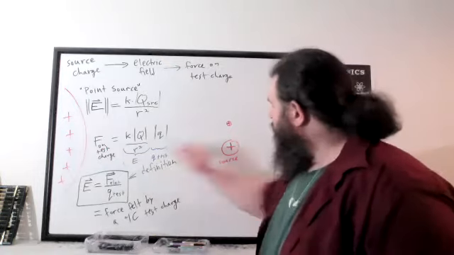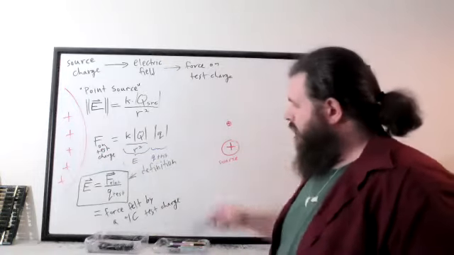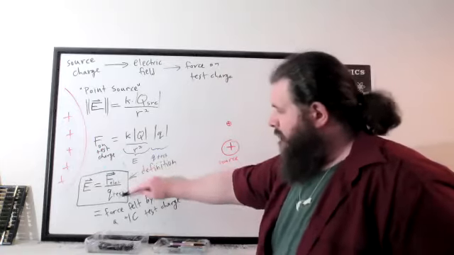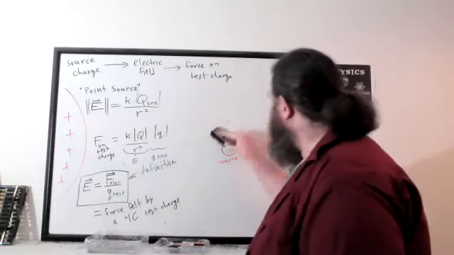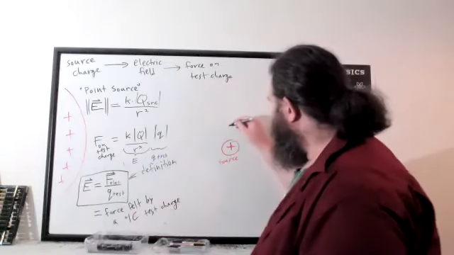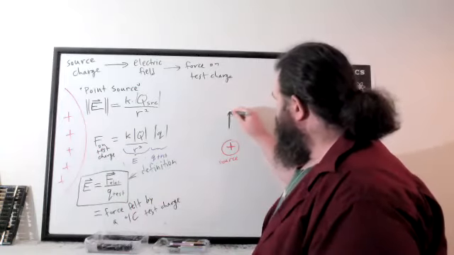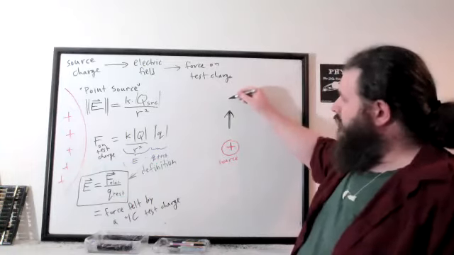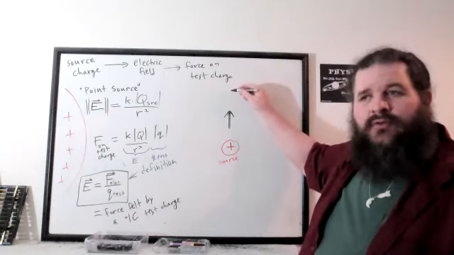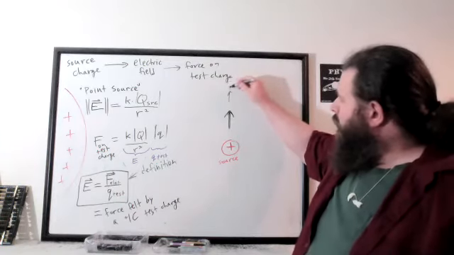So the force on this test charge is northward. Divide by +1 coulomb, nothing changes. So that means the electric field at this location is also northwards. If we put that same charge a little further away, we would still get a northwards force. It would just be weaker and weaker.